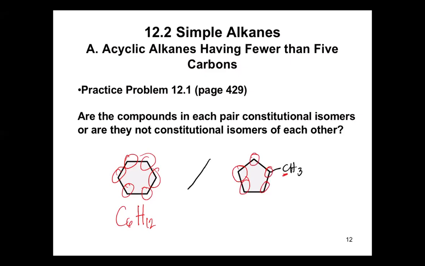And then, another carbon here, so C, 6. Okay? And then, yung hydrogen atom naman, you have here 3, tapos 4, 5, 6, 7, 8, 9, 10, 11, 12. So C6H12. That is why they are constitutional isomers.